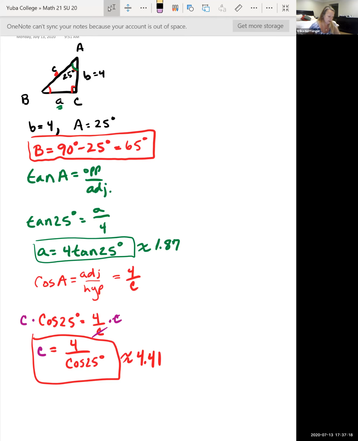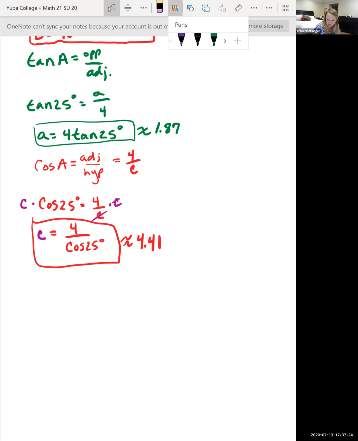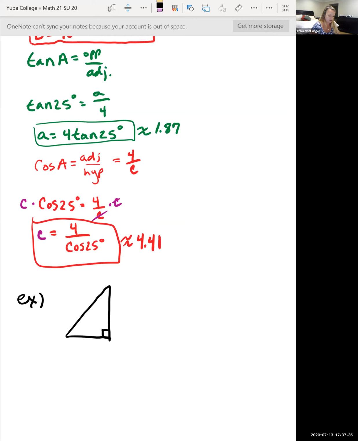Let's look at another one where maybe we don't even know what the angle is. So on this one, you're given all 3 sides, but we're not given an angle. We're given that side A is 7, so the bottom length is 7.